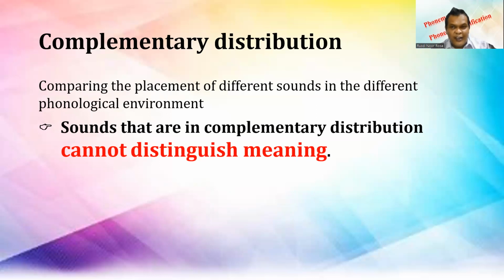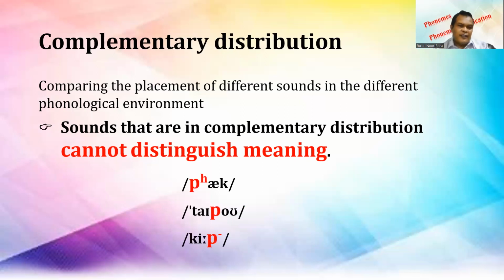Once again, those sounds are not phonemes when they are in a complementary distribution. Now, let's see the example. You see that we have here different sounds in different phonological environments. The first one here is in the first syllable, and this one is in the second syllable.